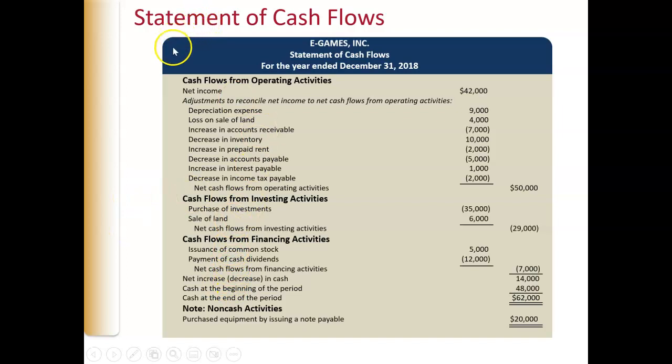You see, we break down cash flows from operating activities. And that's going to be primarily most of the activity. Then you show cash flows from investing and cash flows from financing. The non-cash activities are not going to be a part of the Statement of Cash Flows because the Statement of Cash Flows is about cash. Okay?